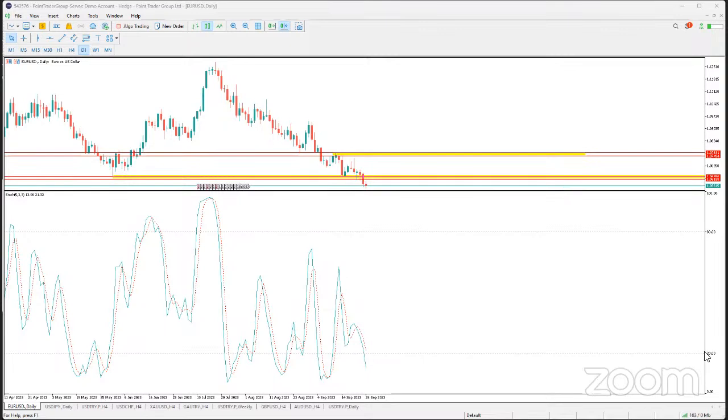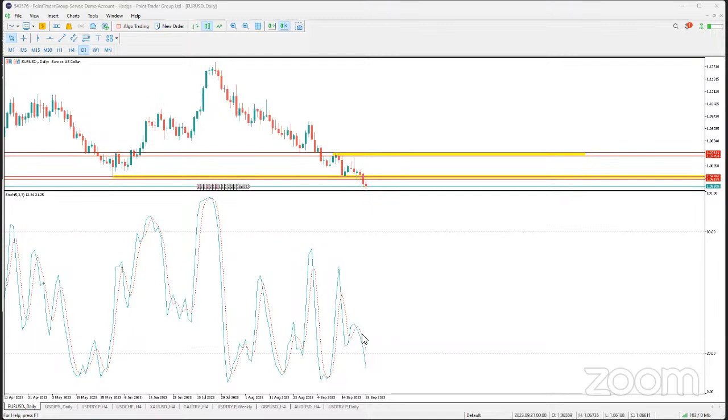On a scale from 0 to 100, you're going to have some numbers here, and inside this window you'll find two moving averages that move together.